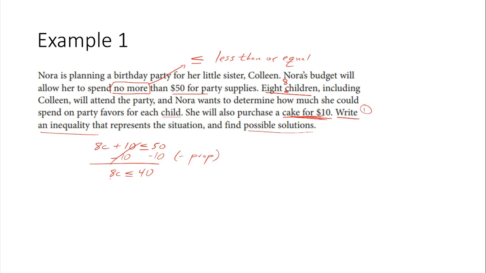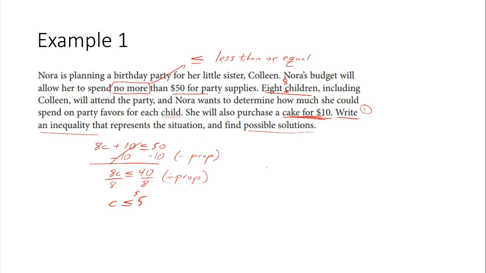And then to get rid of a multiplying 8, divide. And what you do to one side, do to the other. Again, that is the division property of equality. So children less than or equal to 5. $5 what? We're talking about money. So we're talking about less than or equal to $5.